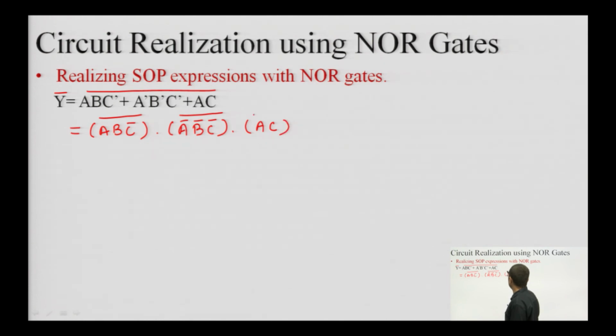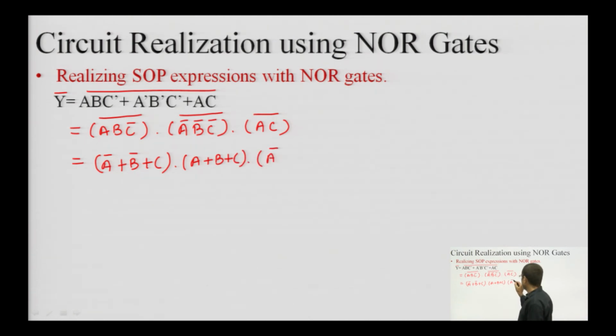C whole complement. So, this is y bar, and further applying De Morgan's theorem, I can see that I will be getting A bar plus B bar plus C. Similarly, this will be converted to A plus B plus C. Similarly, this one A bar plus C bar.